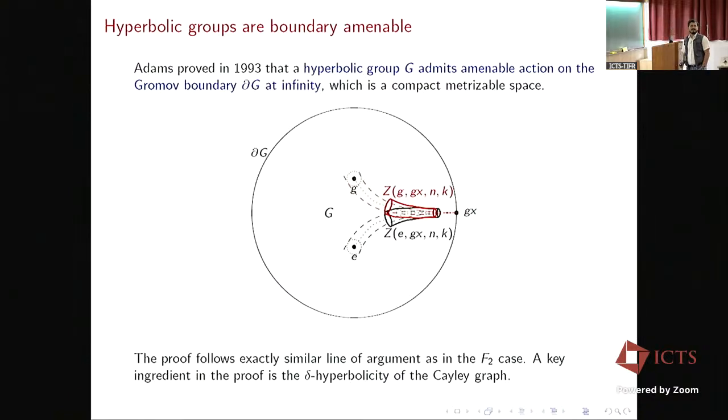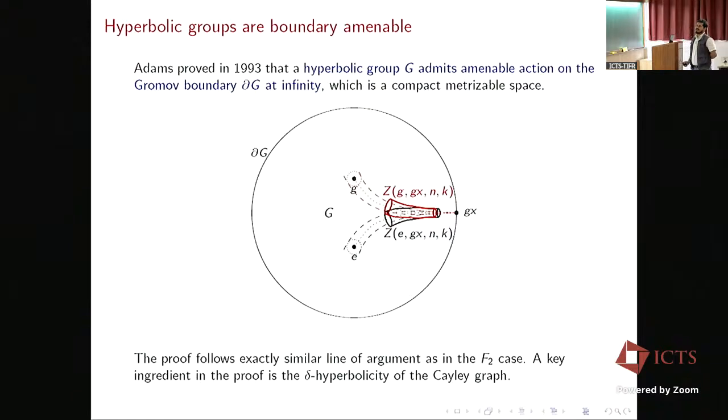So like free groups, in this case also, we would assign probability measures for boundary points, and the assignment would be similar. In the case of free groups, we had a unique geodesic ray joining identity to the boundary point, and we charged only the first n segment for the nth assignment with a uniform probability measure.